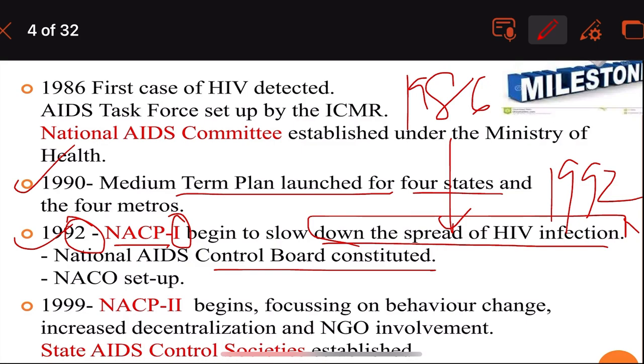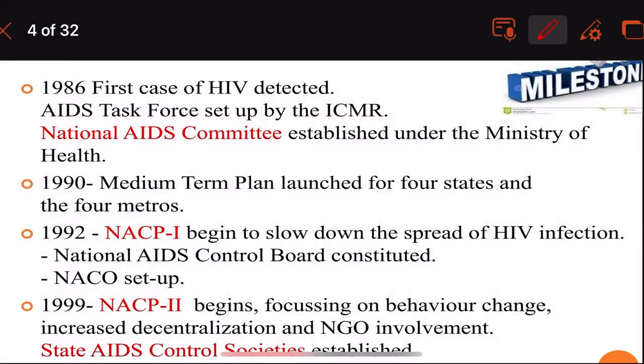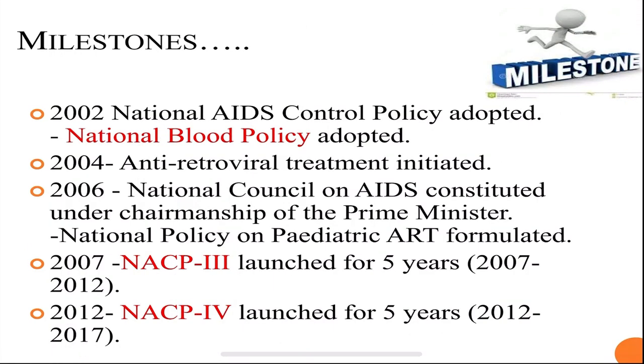In 1999, NACP 2, the National AIDS Control Program 2, began. It focused on behavior change, increasing decentralization and NGO involvement. The State AIDS Control Societies were also established in 1999.